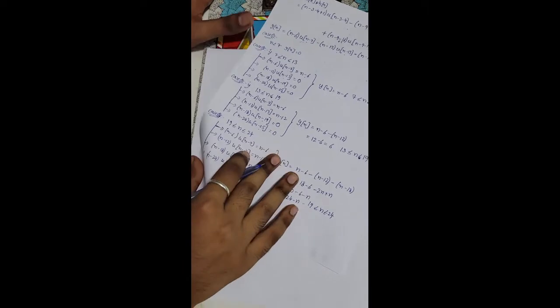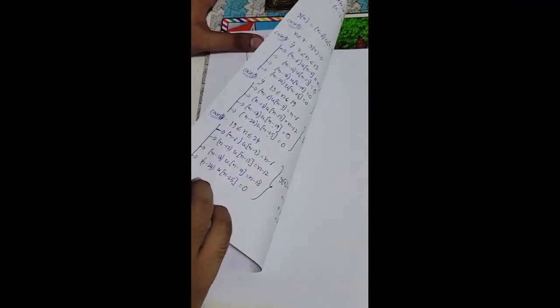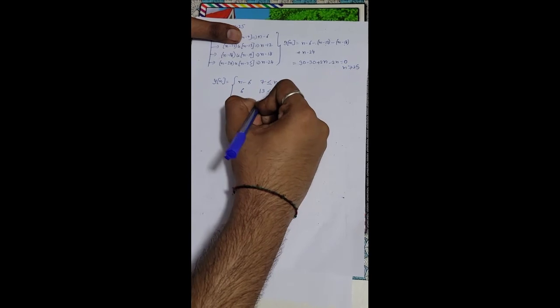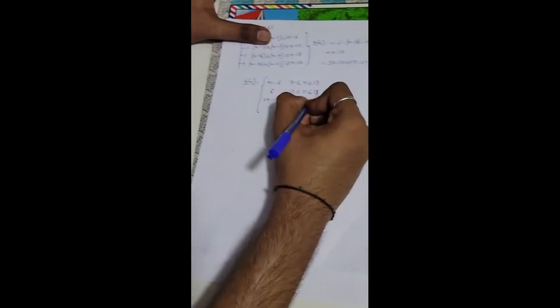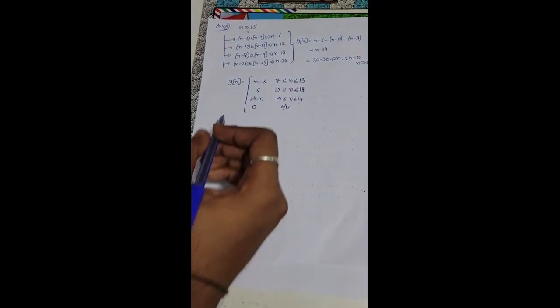And 24 minus n when n is between 19 and 24. And 0 otherwise. In every other interval it will become 0. This is the final answer.